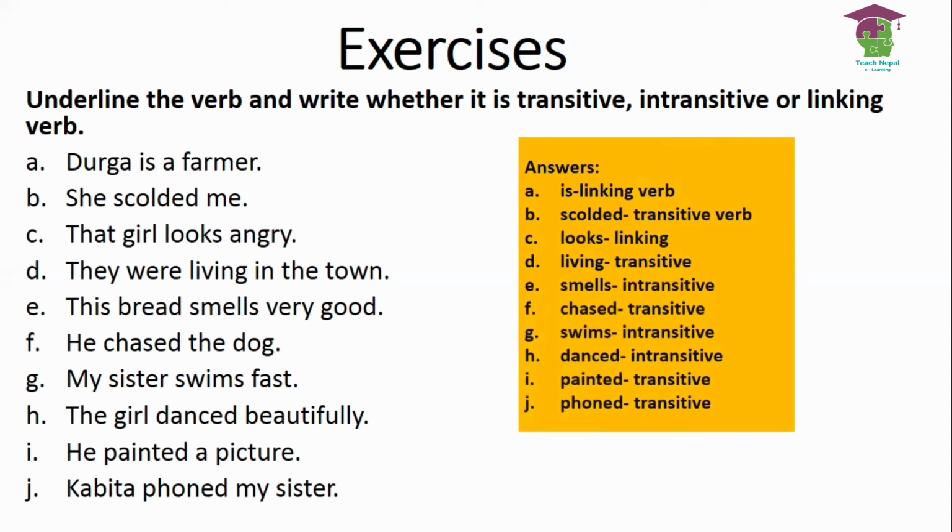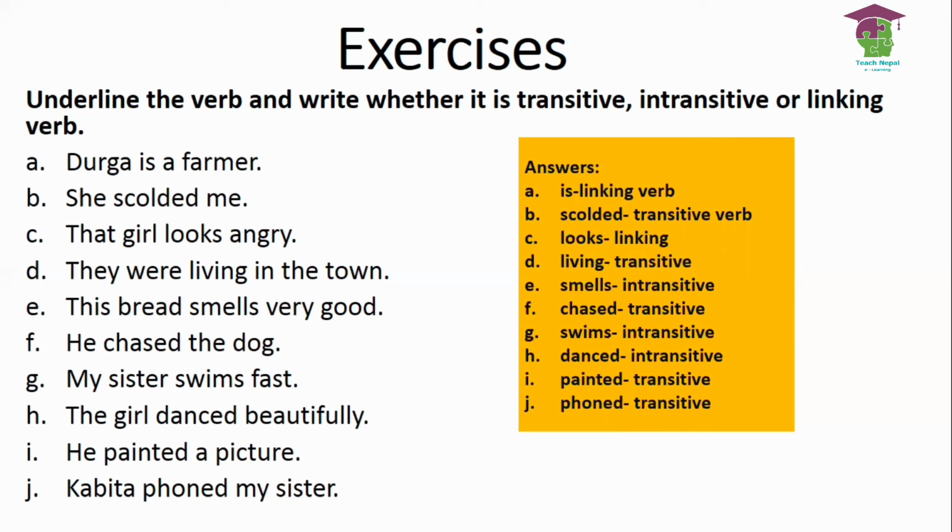So scolded is linking verb, scolded transitive verb, looks linking verb, living transitive verb, smells intransitive verb, because very good, it's not the object. Adverbial मान्छौँ. He chased the dog, that is transitive. Swims fast, this is intransitive; fast लाई हामीले adverb मान्छौँ.